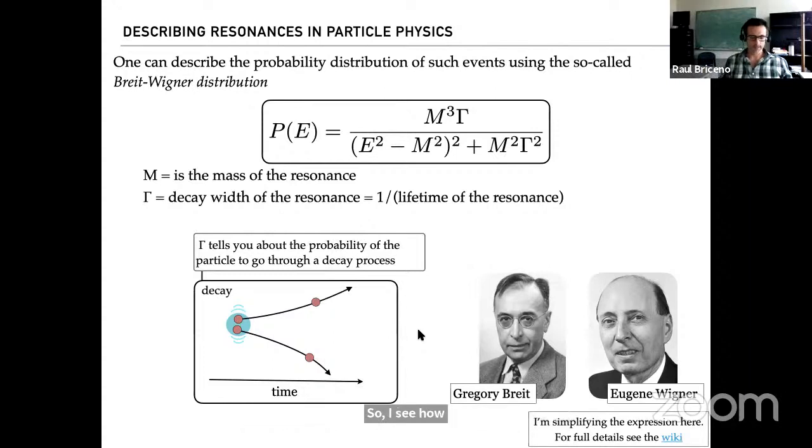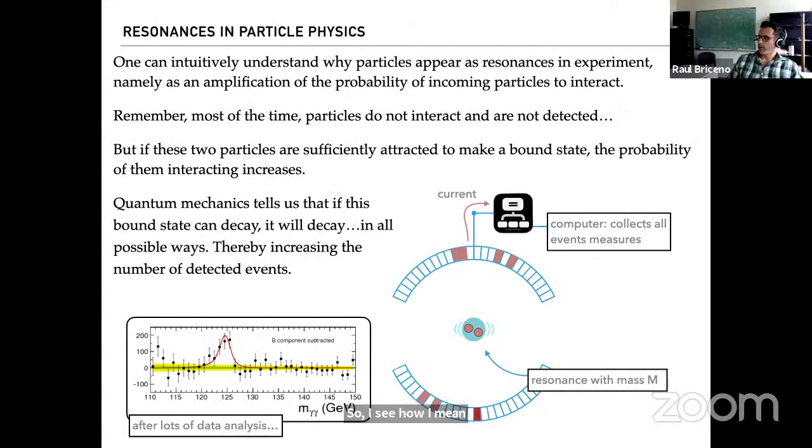So how do I reconcile wave-particle duality in this context? I mean, the way that you can think about it is, a great question, actually.